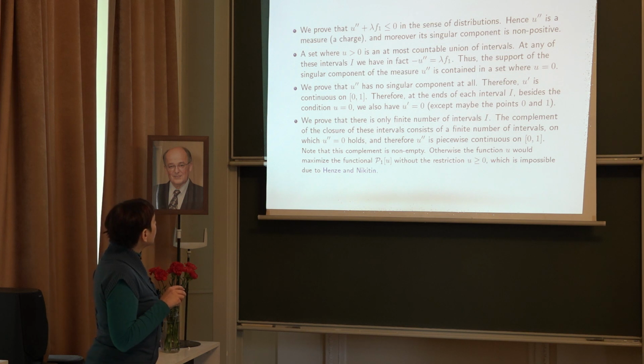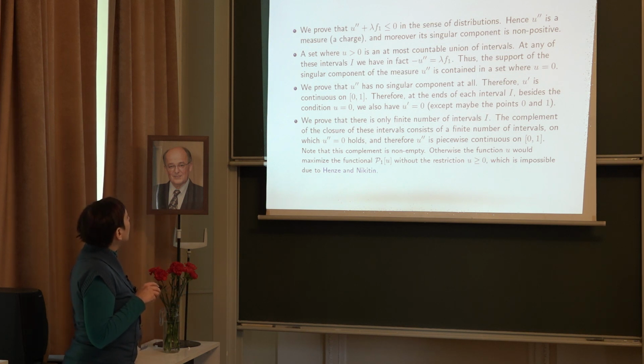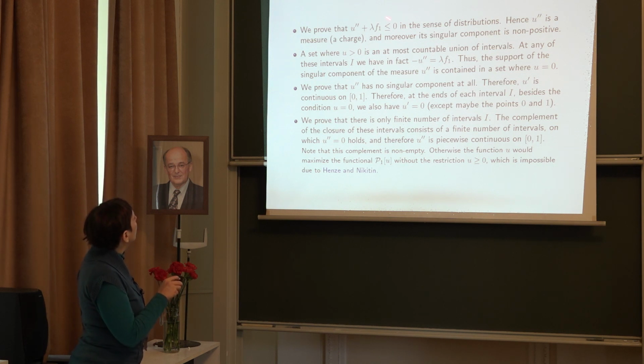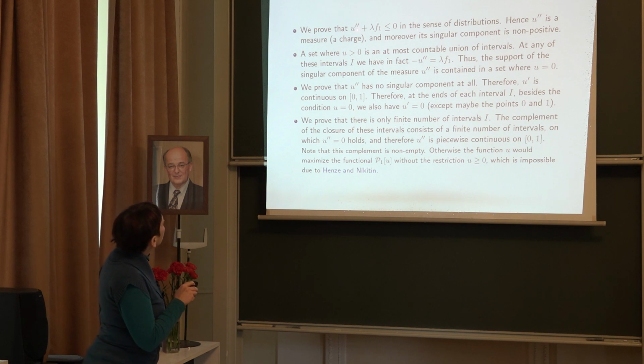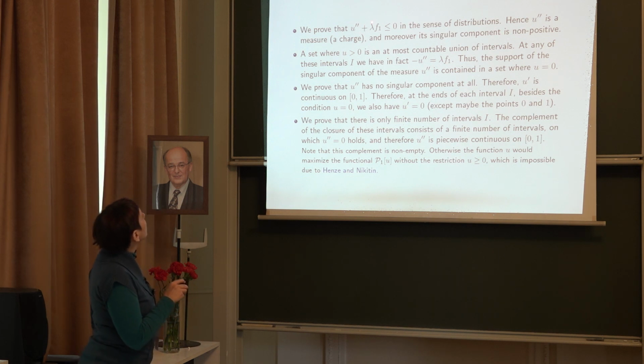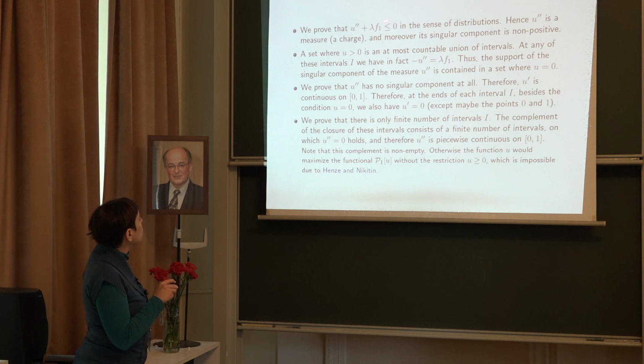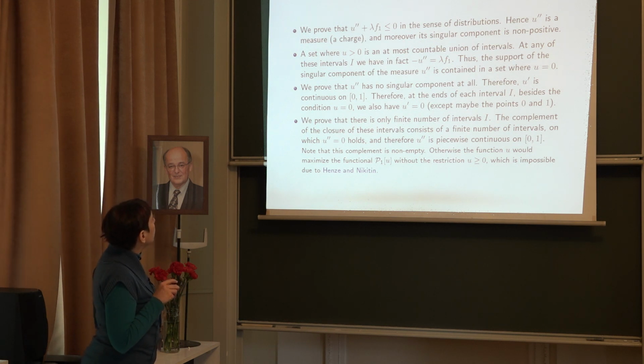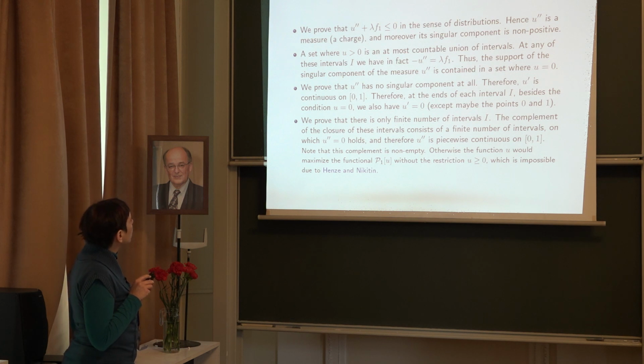And then we proceed in several steps. First off, we prove that this thing is non-positive in the sense of distributions. So it's a measure with a sign, and its singular component is non-positive.